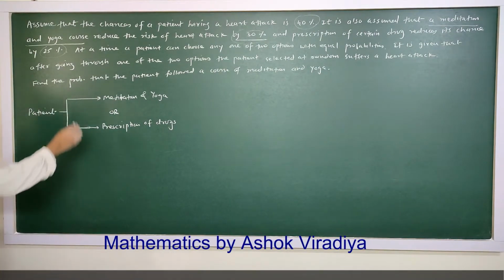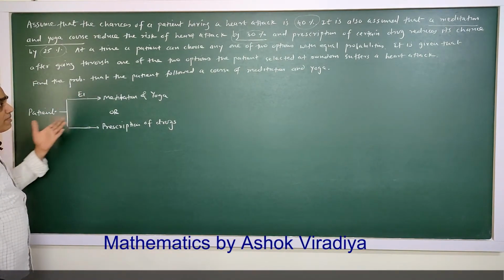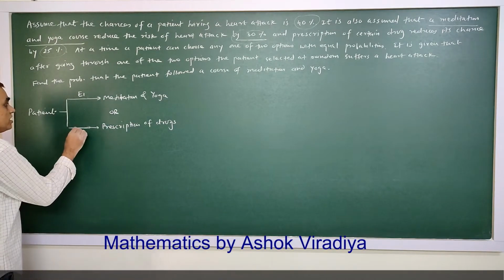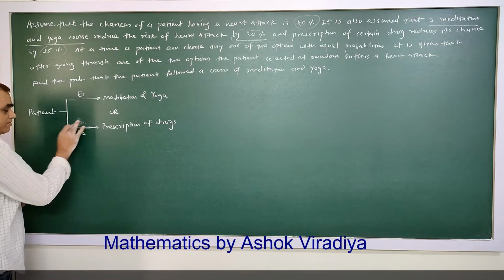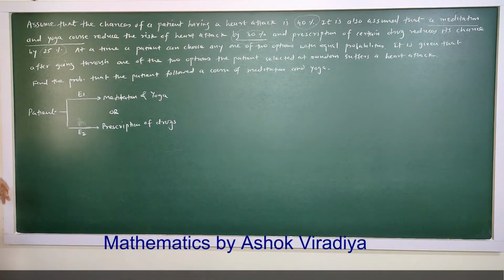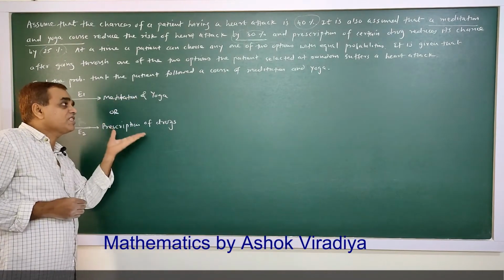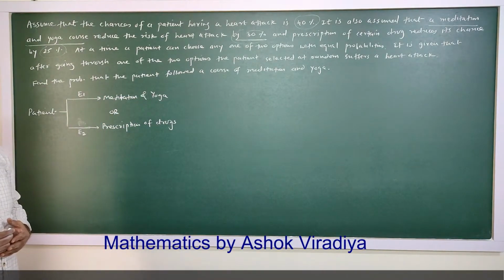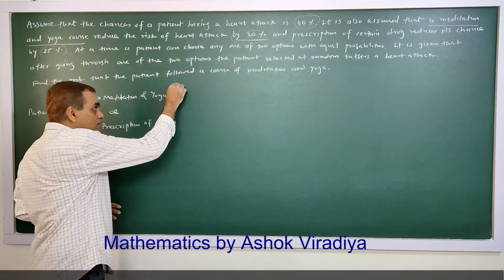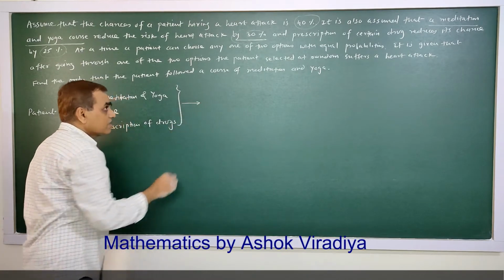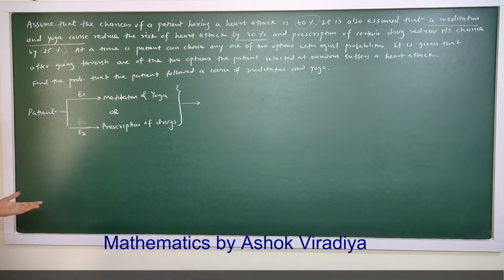So we suppose that E1 is the event that patient chooses meditation and yoga, and E2 is event that patient chooses prescribed medicine. So patient is doing this action or this action, and after doing any one of these actions, suppose patient suffered from heart attack. Patient is doing any one of these two, even though there is possibility of heart attack.